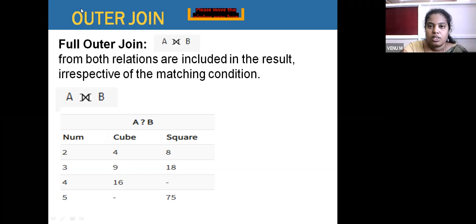Do you understand all the operators in relational algebra? Does everyone understand?